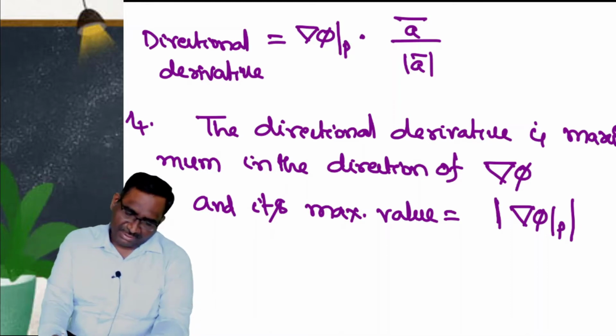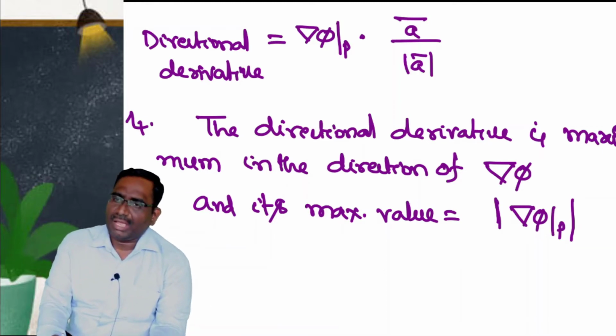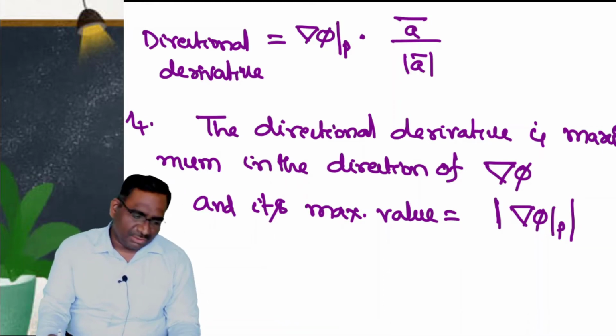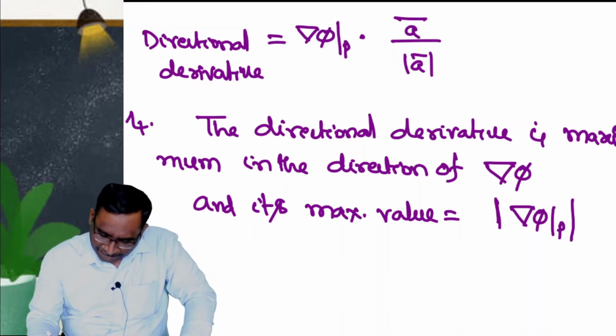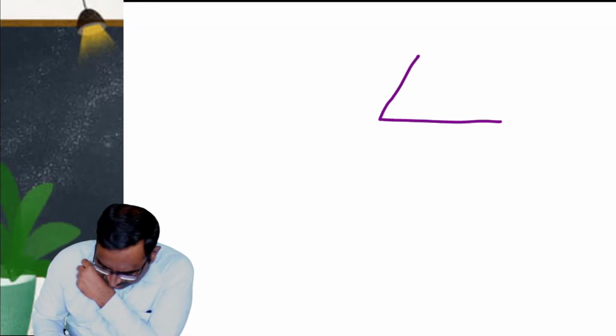The next one, angle between two level surfaces. Right. There are two level surfaces. I am having two level surfaces like this.